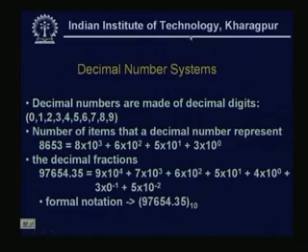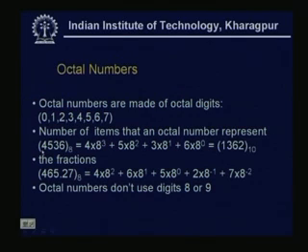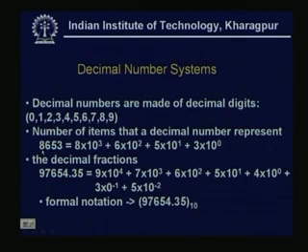Now, this is the number of items that a decimal number represents. Say one decimal number is 8653. Normally this gives the positional value. All of us know this: 3 is the place of the unit, 5 is placed in the 10th position, 6 is placed in the 100th position, and 8 is placed in 1000.